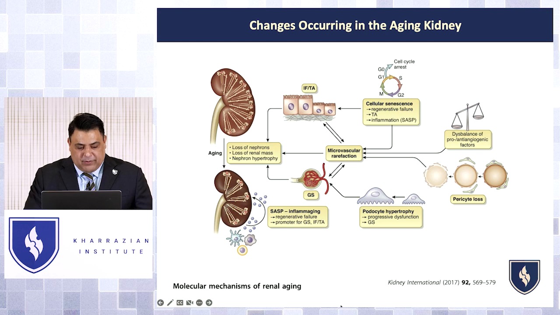And then here is a paper called Molecular Mechanisms of Renal Aging. And they go through and go, hey, here they are again. Senescent cells in the kidneys, senescence-associated secretory phenotypes of senescent cells that are taking place, mitochondrial dysfunction, stem cell dysfunction of these nephrons and so forth.